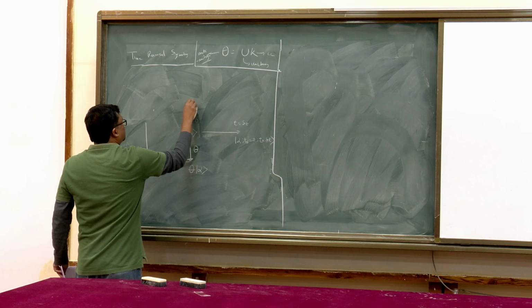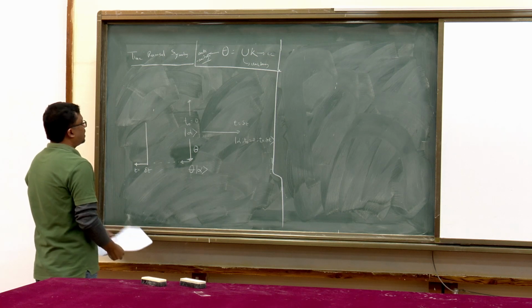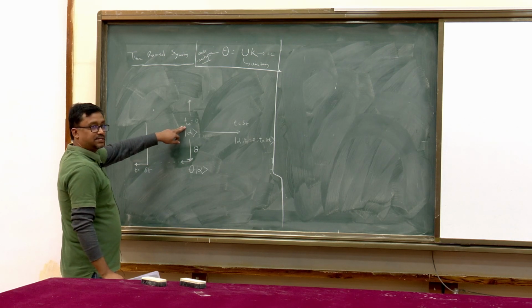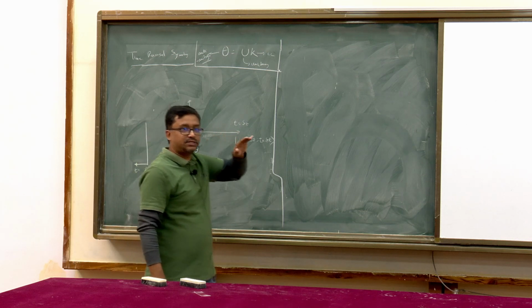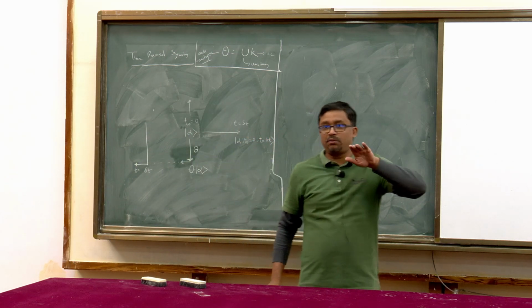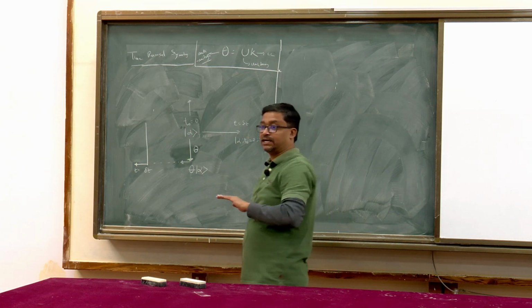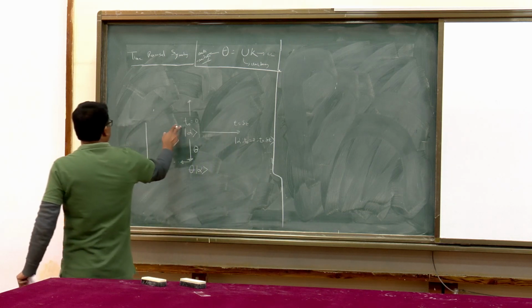The other operation is that let me look at the history of this ket and ask what is the state of the system that has evolved from t equal to minus delta t up to this time.